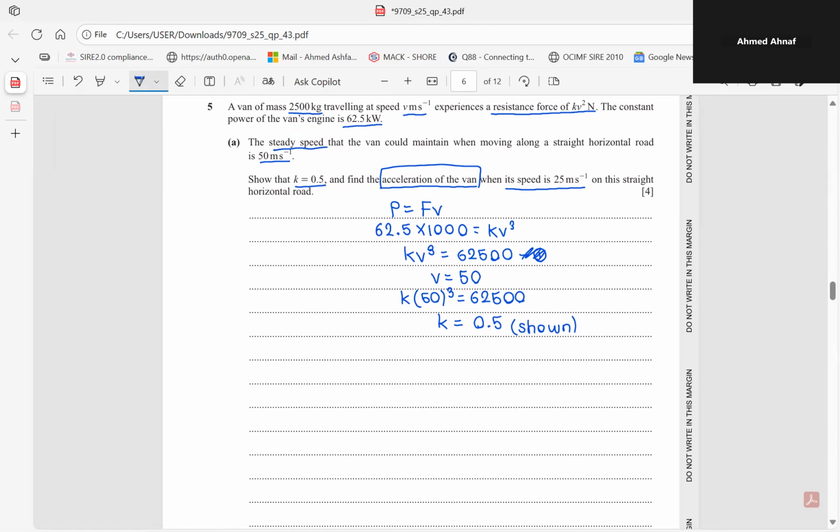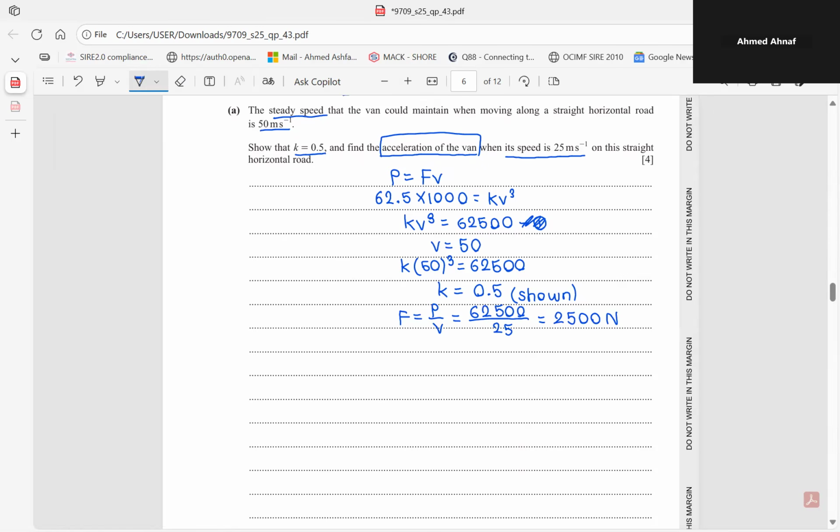So F equals P over V. P is 62,500 divided by V, which is 25. So 62,500 divided by 25, you get 2,500 newtons. So this is the force exerted by the van.